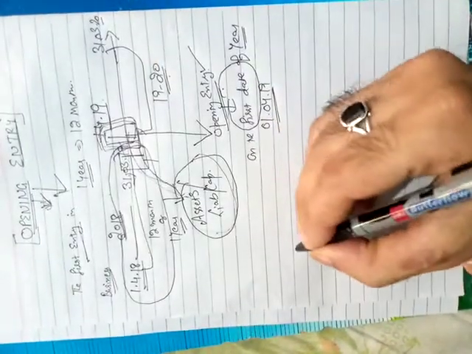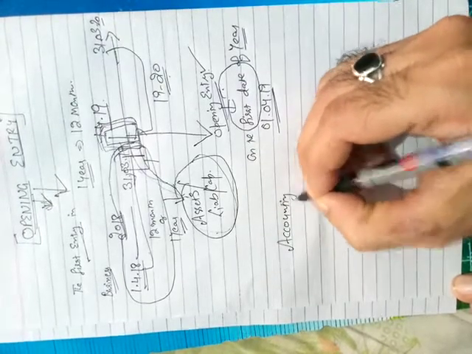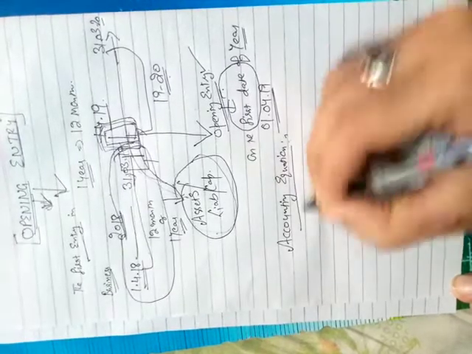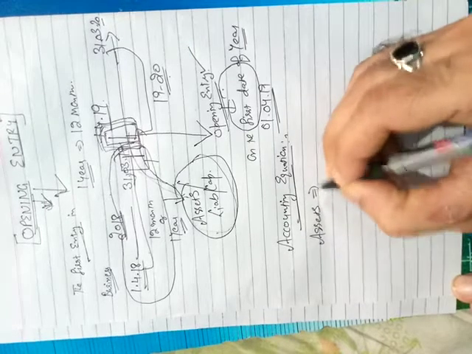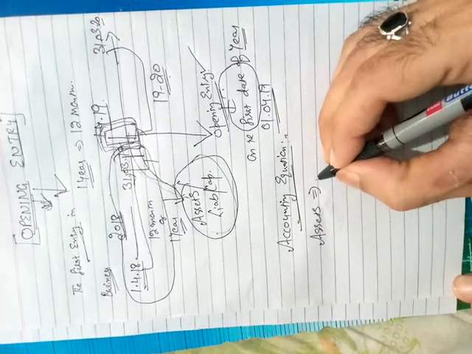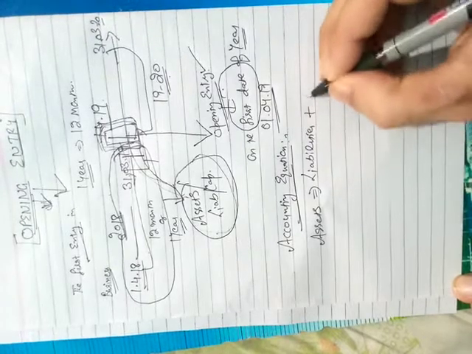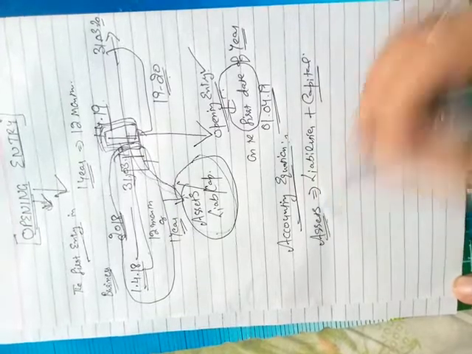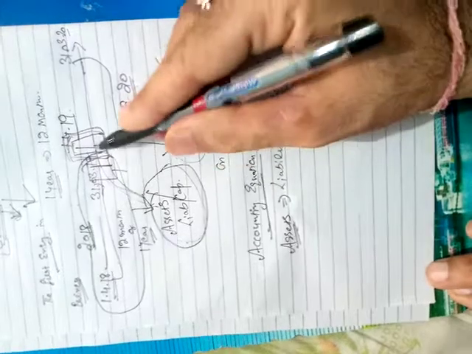And that opening entry is based on our accounting equation. What is the accounting equation? We have already discussed: all assets are equal to liabilities plus capital. Okay. Now, how will you pass that opening entry in the journal book?